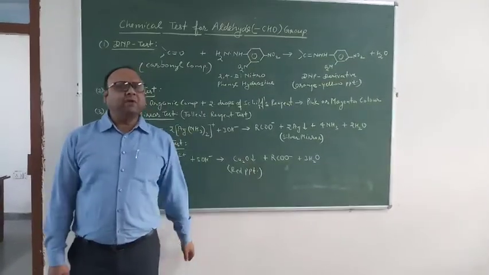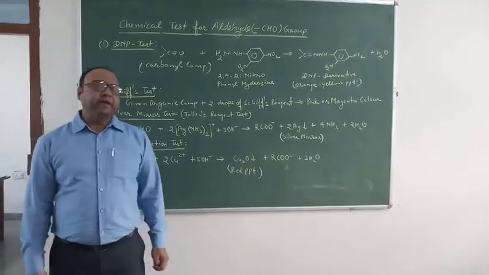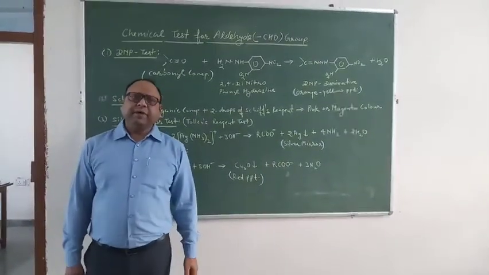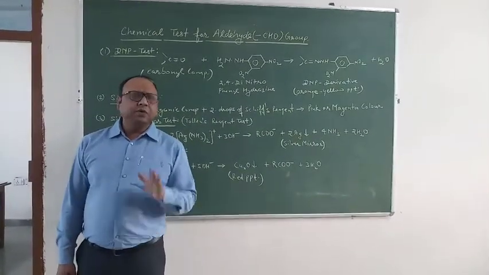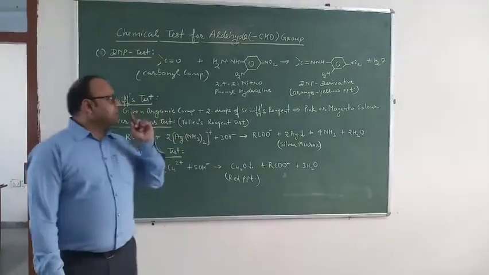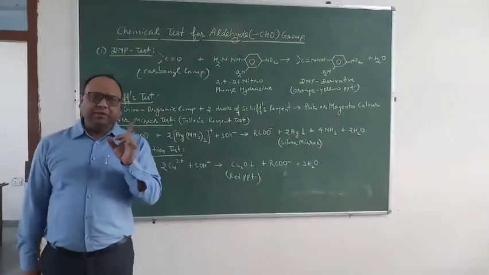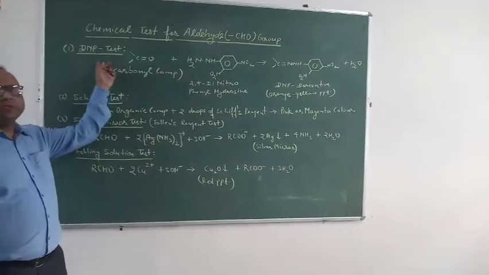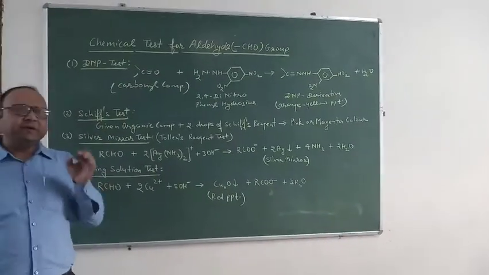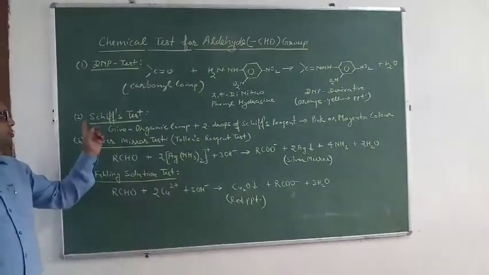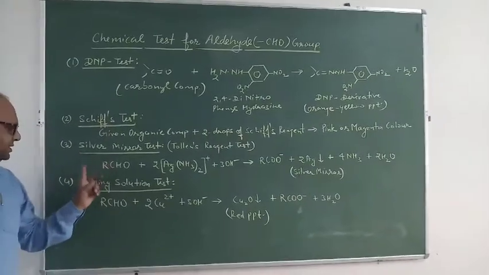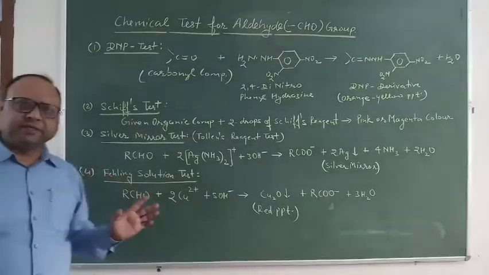If a red precipitate of cuprous oxide is obtained, then it is confirmed that the given compound is aldehyde. So remember that first of all, for carbonyl group identification, we have to use the DNP test. Then after that, for the confirmation of aldehyde, we have to use the Schiff test, silver mirror test, and Fehling solution test.